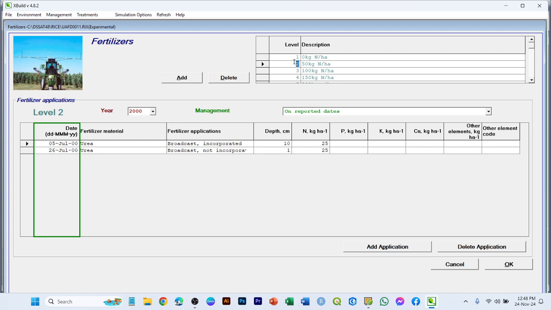Similarly, if you go with the third treatment, then it will be 50-50, meaning 100 kg with different dates, different methods of application as well as sources of application. Clear?